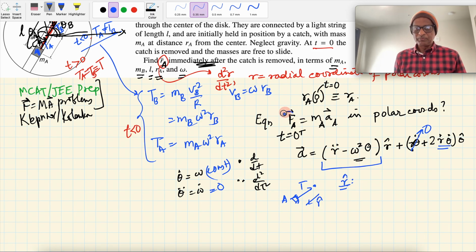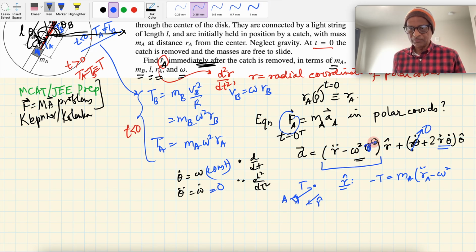So this will be just minus tension equals to M_A times r double dot of A minus omega square, and this not theta is r. Sorry, just write. Sometimes when you write, even if you remember it, you can make a mistake.